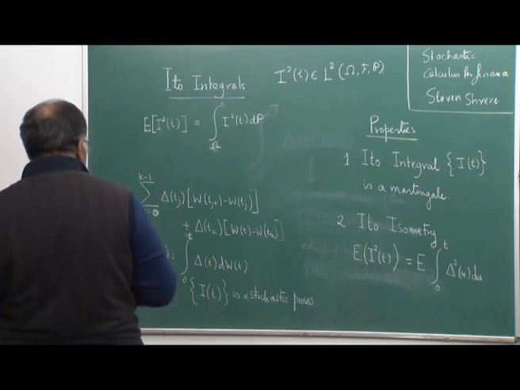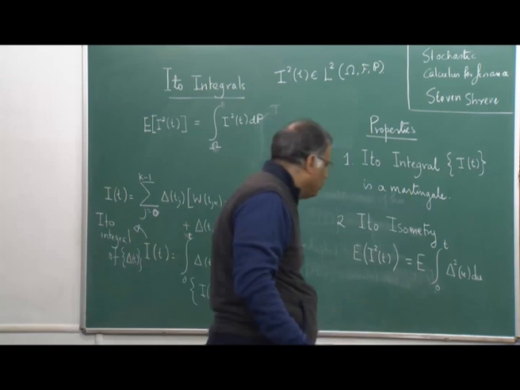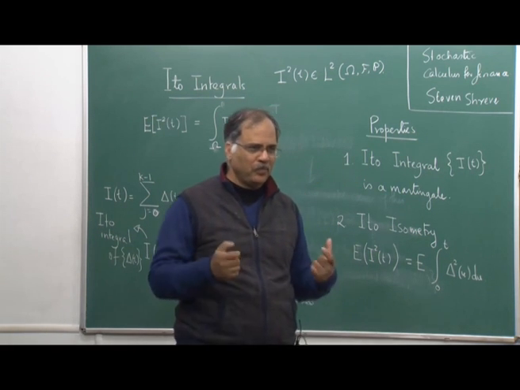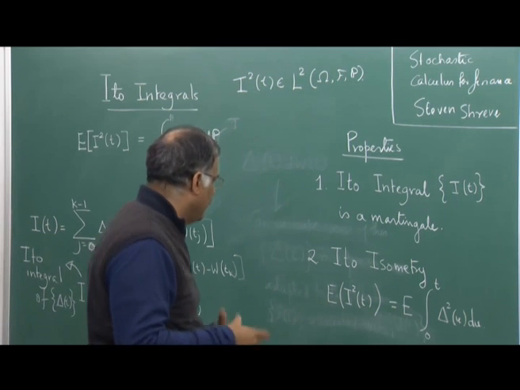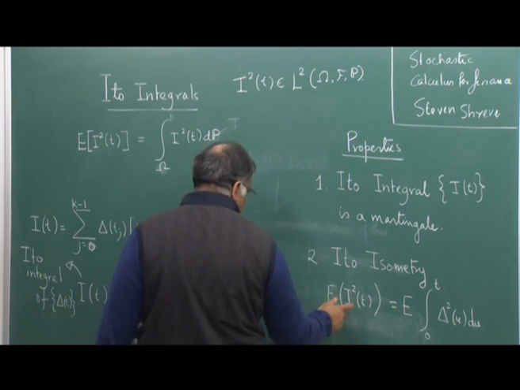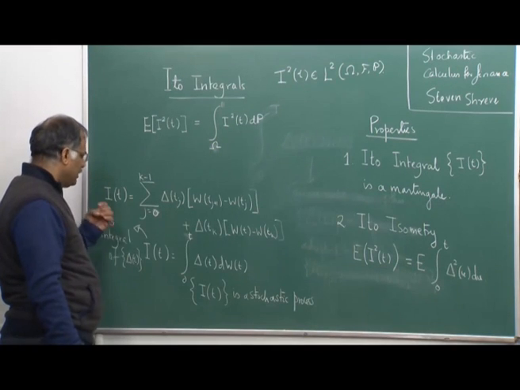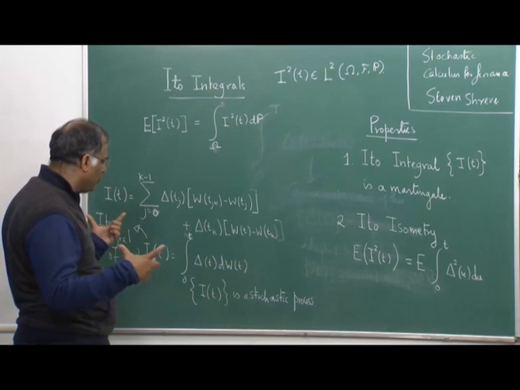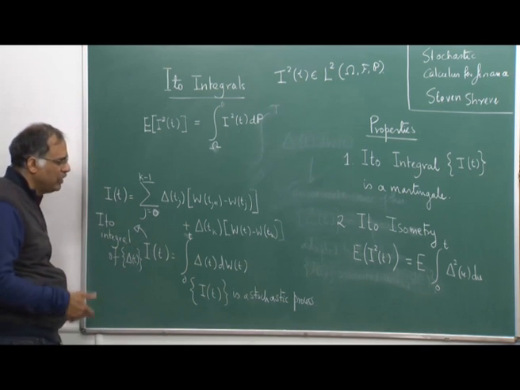Those who don't, don't bother, think that Ito devised this formula. Isometry means they have similar distances. So, distance in the original space between 2 points and distance in the range space between the two functional values are similar, then we call it isometry.